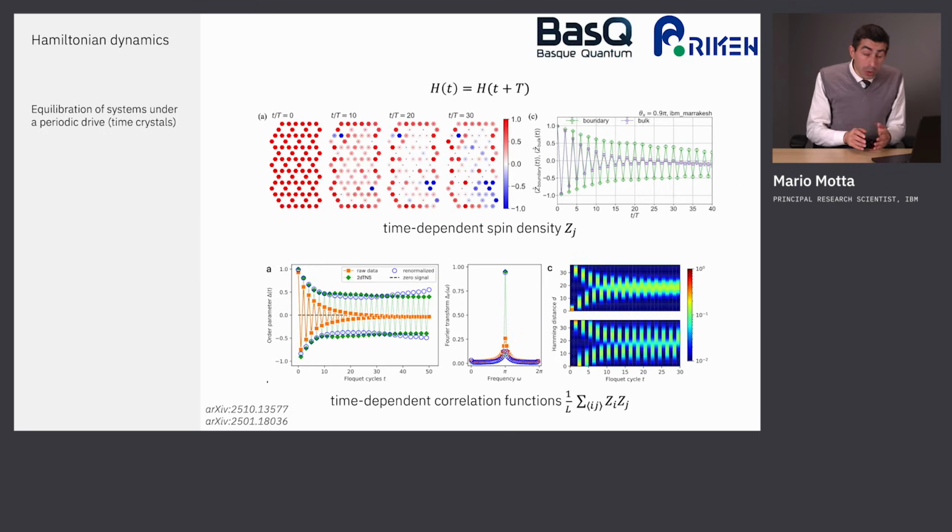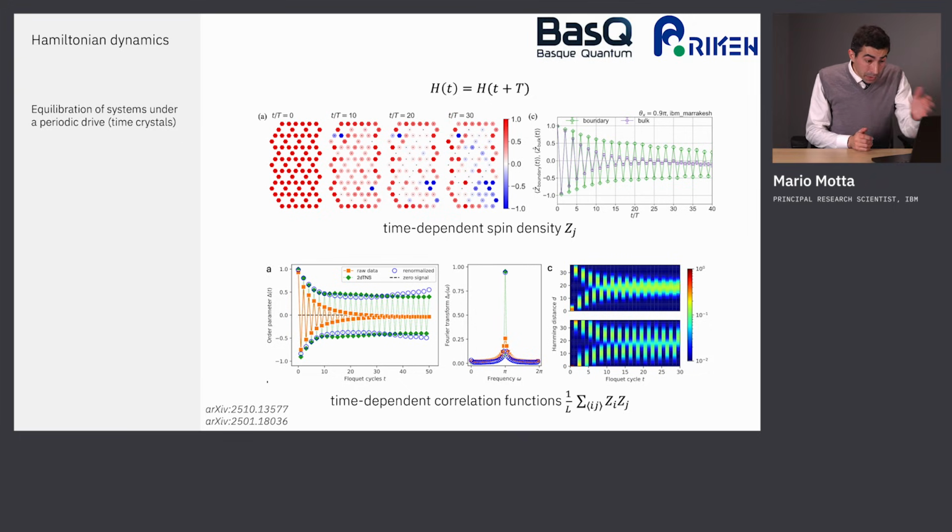A quench is not the only way in which one can change the state of a system and lead to a non-trivial time dynamics. One is the application of a periodic drive, which is featured here in a study by Bask and Riken. By periodic drive, we mean an external potential that satisfies a periodicity property, it's cyclical.